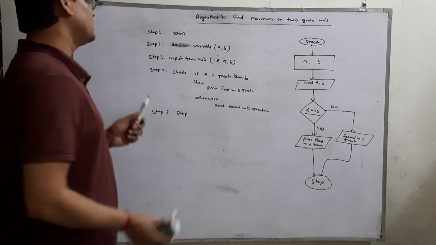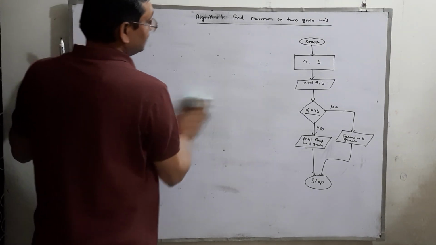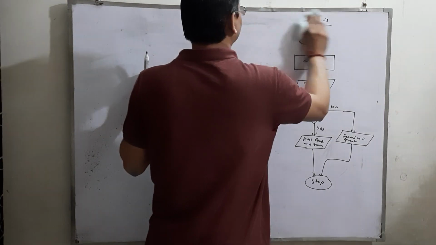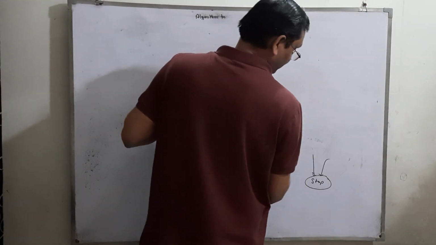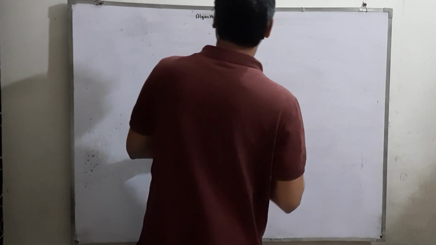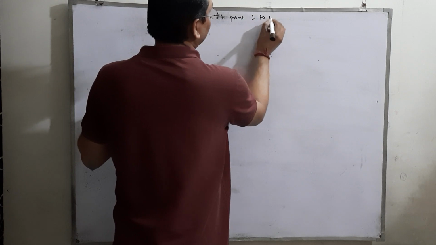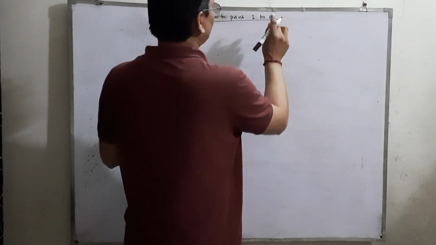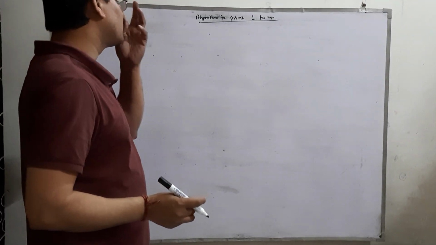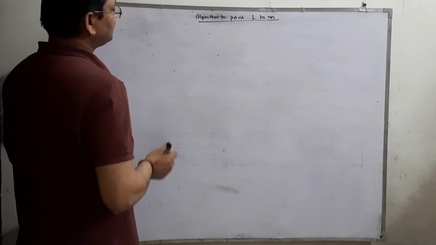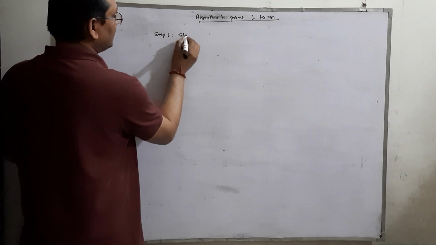Let's take another example. Write an algorithm to print 1 through 10. One, two, you can say not 10, n can be 10 or whatever your requirement is. Step 1, start.